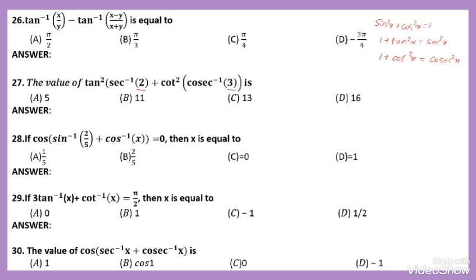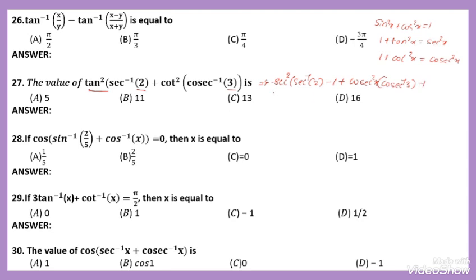In place of tan square, I can write tan in terms of sec, that is sec square of sec inverse of 2, and taking plus 1 to the right side, it becomes minus 1. Similarly, cot square can be written as cosec square x minus 1, so cosec square of cosec inverse of 3 minus 1.